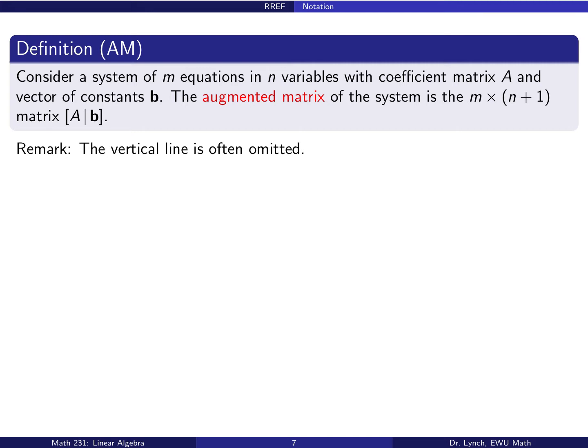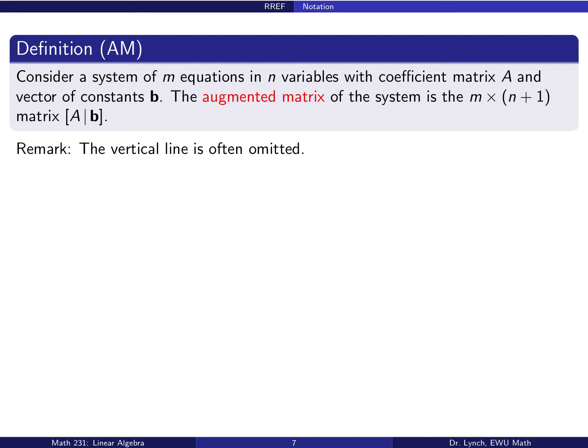Another definition. If we have such a system of linear equations, m equations in n variables, where the matrix A is a coefficient matrix and the vector B is the vector of constants, we can identify the augmented matrix of this system by writing a new matrix where we just append the vector B to the end of the matrix A. Again, this is called the augmented matrix of the system.